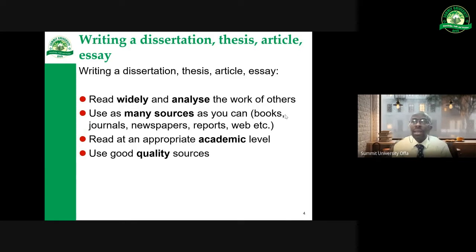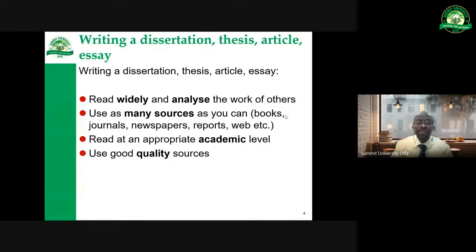We have been analyzing and discussing that for the past 3 or 4 sessions. We were also told that there is need for us to use good quality sources. Those things have been mentioned, and we have learned from different presenters in the last few sessions.